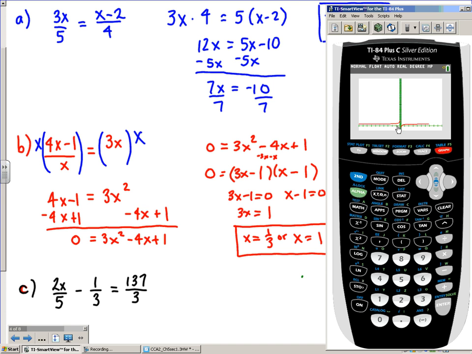That looks like I'll probably need to reset my window here, so I'm going to do zoom 6.